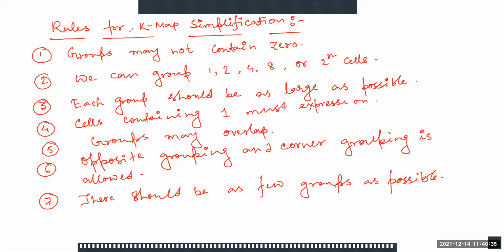Nothing else, this is just the difference. So we consider 0 for POS and 1 for SOP. Groups may not contain 0 is for SOP, and groups may not contain 1 is for POS. So these are the rules for K-map simplification.